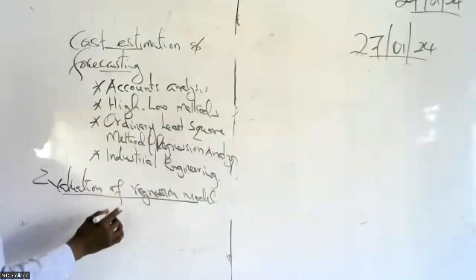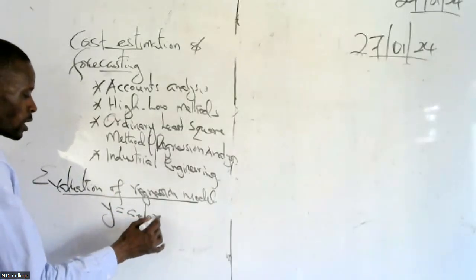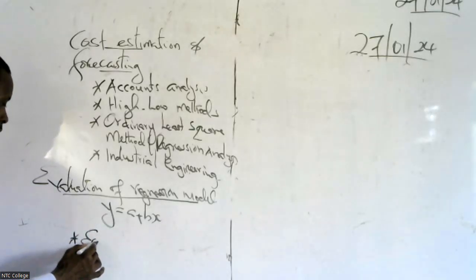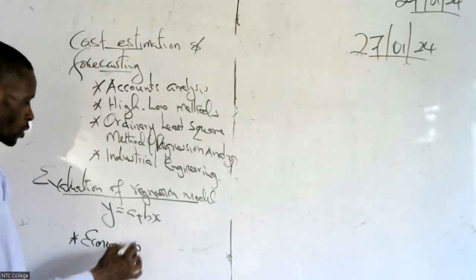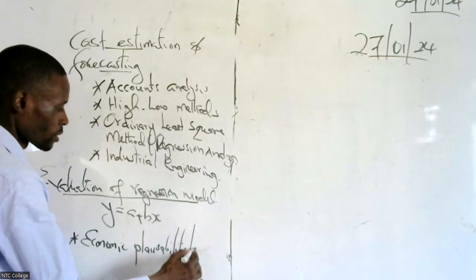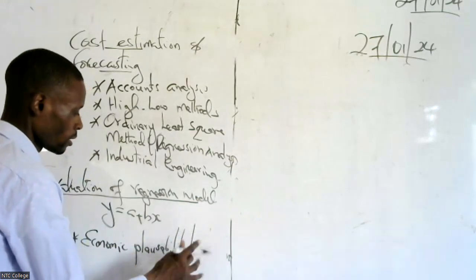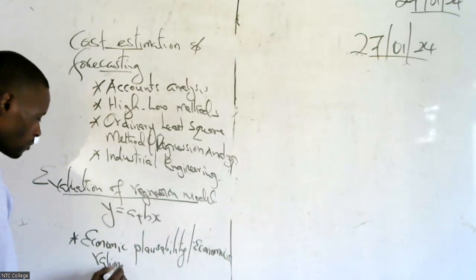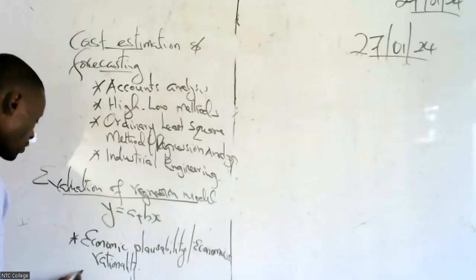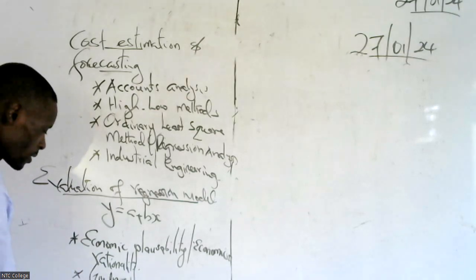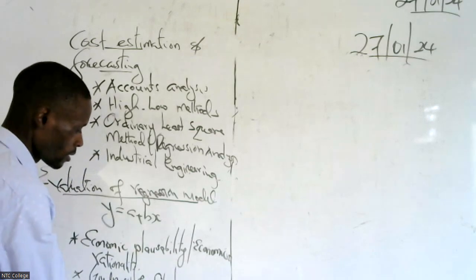After getting that particular model, for example y equals a plus bx, that is regression, we need to evaluate that model. The areas of evaluation: one is economic plausibility, sometimes called economic rationality. Two, we shall look at the goodness of fit test.